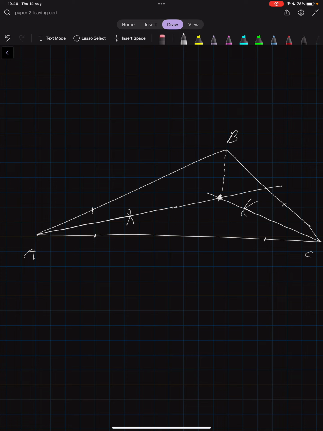And if you draw a circle in here, so if you go here at the perpendicular distance, it should be a perfect circle on the inside. So this is the incircle, and then that's the incenter.